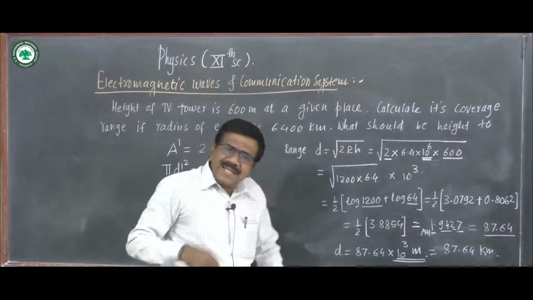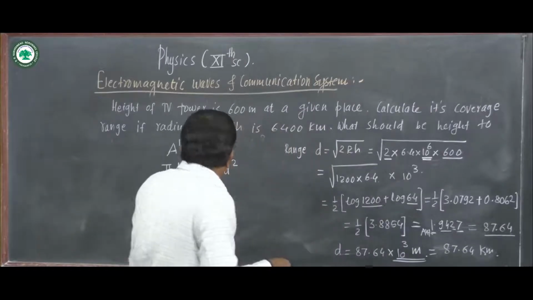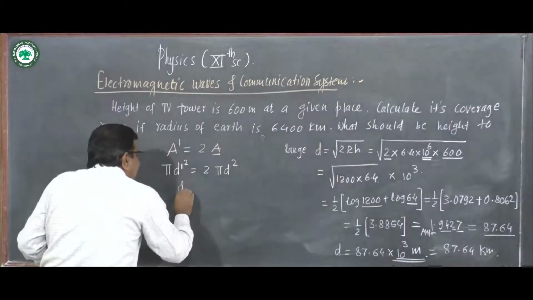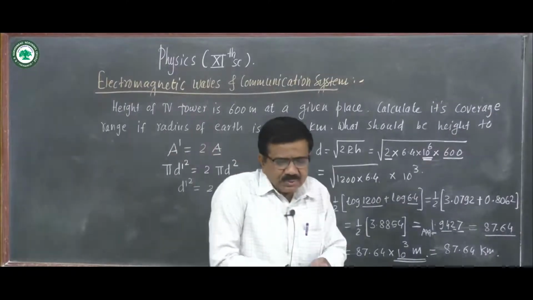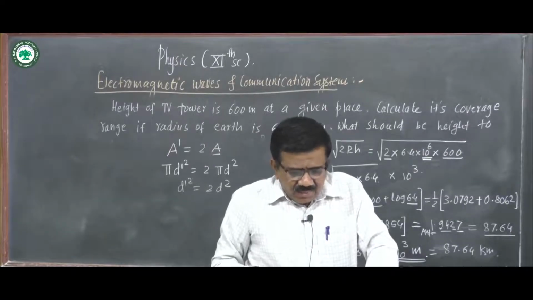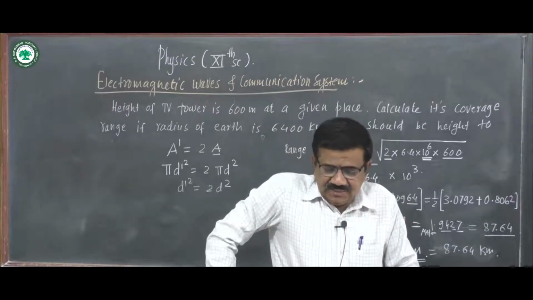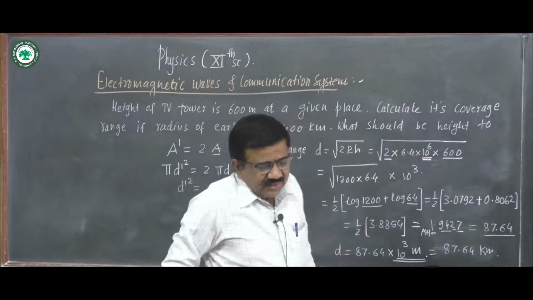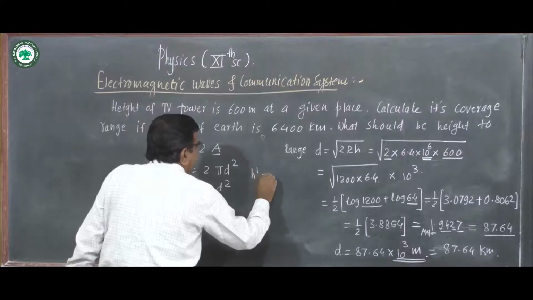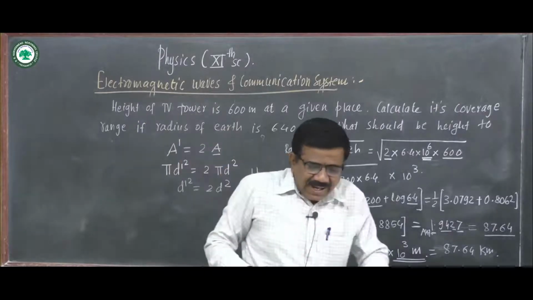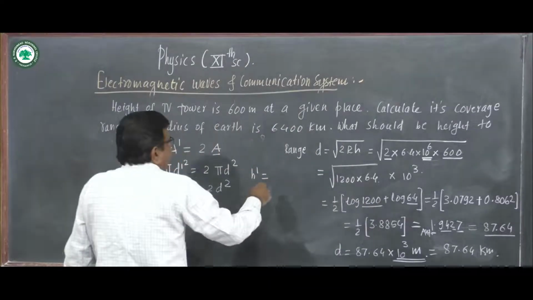So we get pi d dash square is equal to 2 pi d square, or d dash square is 2 d square. Pi get cancelled. We get d dash square is equal to 2 d square, but we know h dash is d dash square upon 2r. That is the new height. We know this formula.